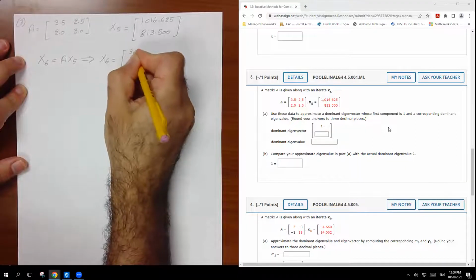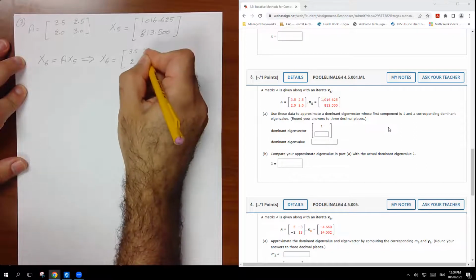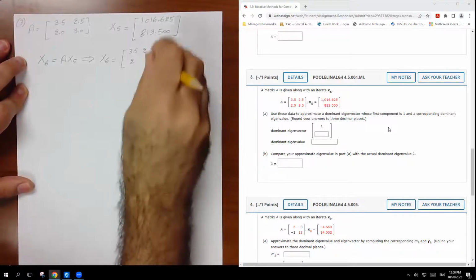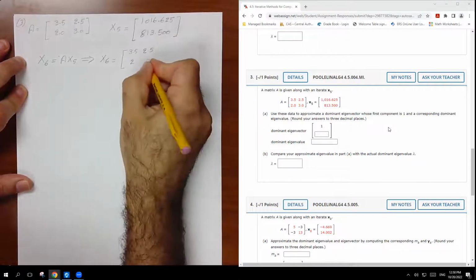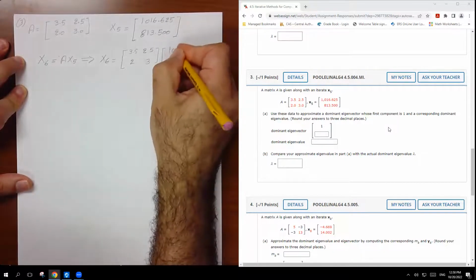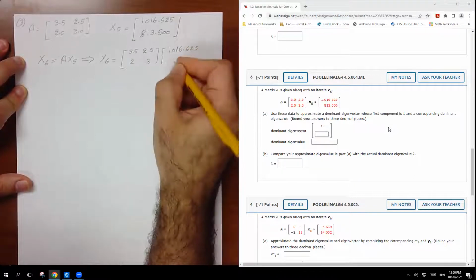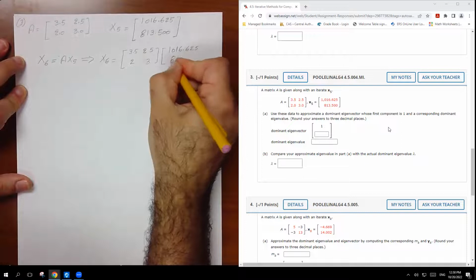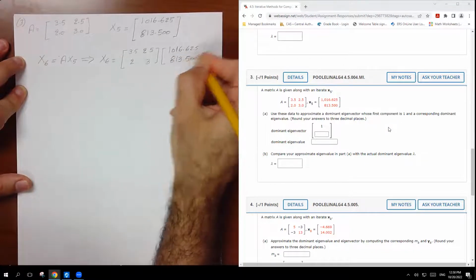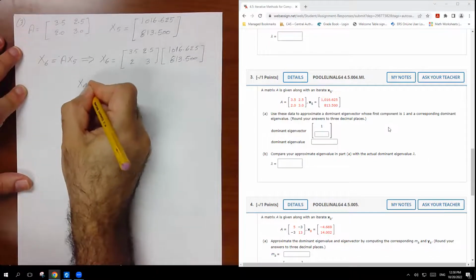That means x6 is going to be A, which is the matrix 3.5, 2, 2.5, 2, 3, and everything times this vector, which is 1016.625 and 813.500. Then we're going to multiply to find x to the 6.